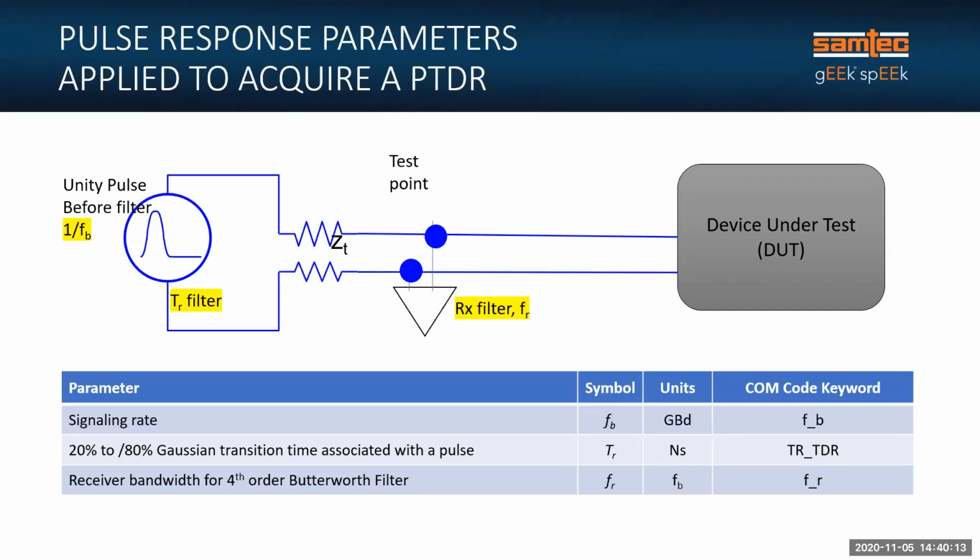FB would maybe be 53 point something gigahertz or 58 gigahertz, and the 20 to 80 would be in nanoseconds. So it might be 0.01 nanoseconds, which would be 10 picoseconds, but you have to use nanoseconds.